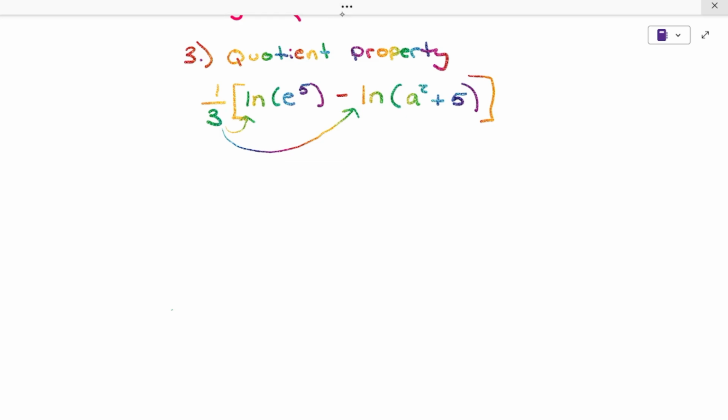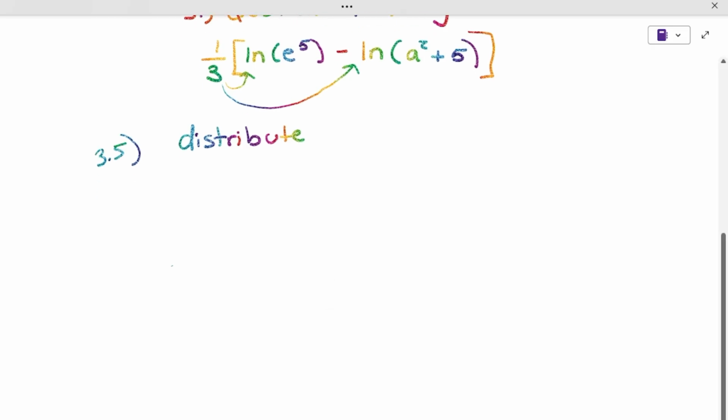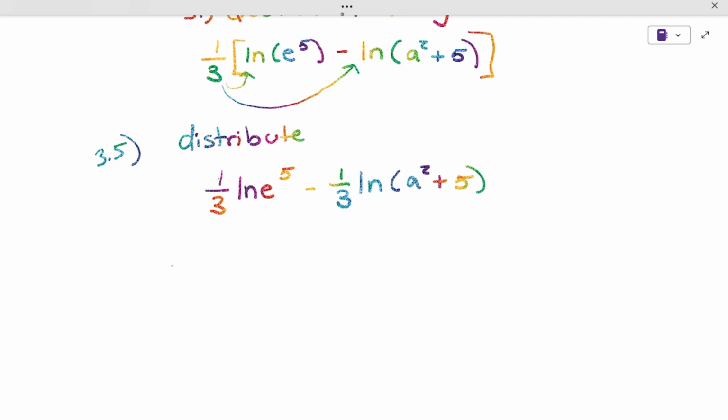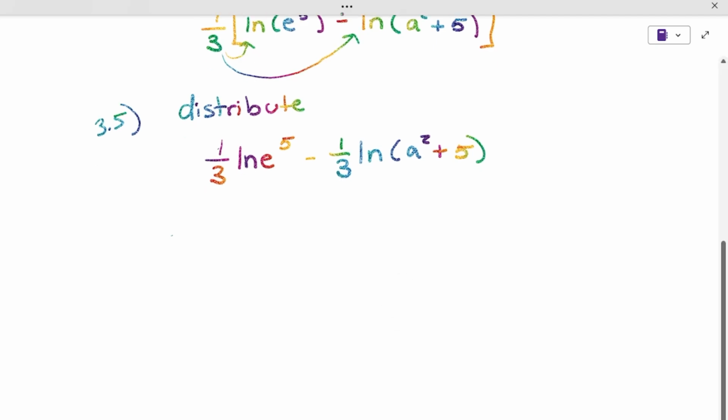Let me do that as a half step, 3.5. So we end up getting 1/3 ln e to the 5th minus 1/3 ln of a squared plus 5. Great.